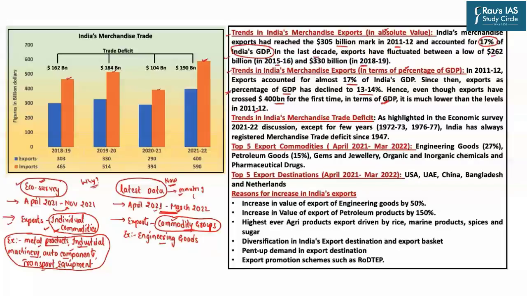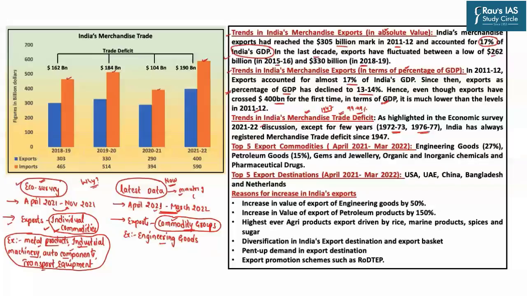As far as the trends in India's merchandise trade deficit is concerned, as discussed in my economic survey discussion, since 1947, India has witnessed a merchandise trade deficit for almost 99.99% of the years. Only for 2 to 3 years, India has witnessed a surplus on its merchandise trade account.